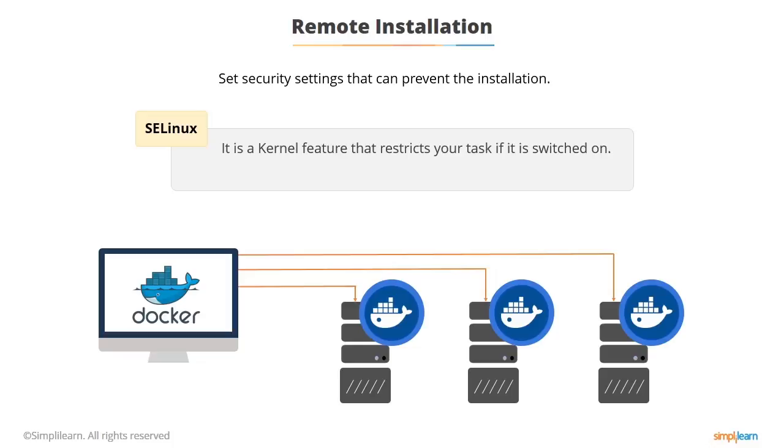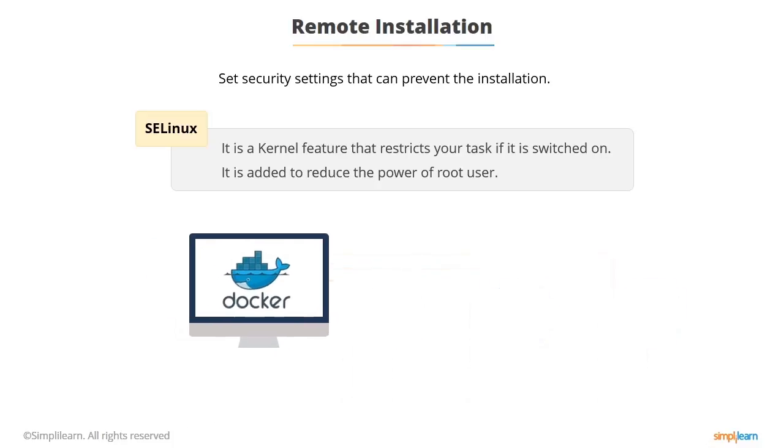The problem with Unix and Linux was that they considered root to be too powerful, because root is all powerful. So SE Linux was added to reduce the powers of the root user and others, and it can also cause all sorts of unexpected problems. For example, most Linux distributions these days come with SE Linux not only installed but switched on, and if it's switched on in full mode, it'll stop things from happening.